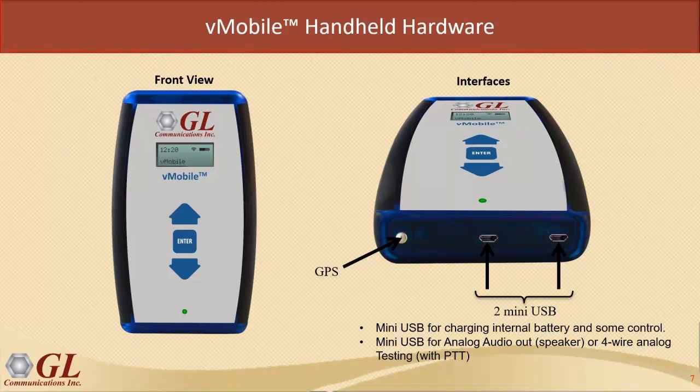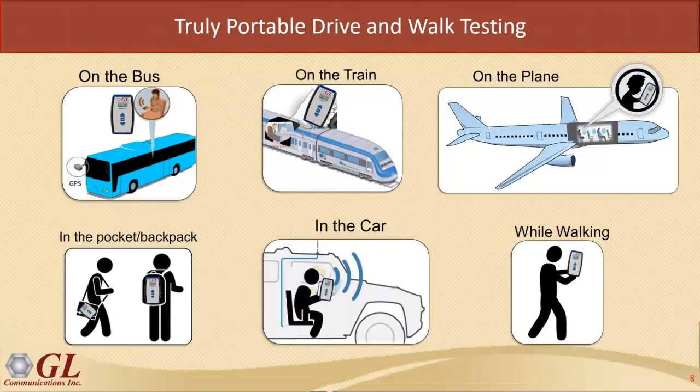There's not much to see on this. It doesn't have a big screen or anything, but it's very powerful inside. You can take this vMobile pretty much anywhere you want. It's got a battery on board, and you can take it in any type of vehicle, or walking around in your backpack, in your purse, in your pocket.